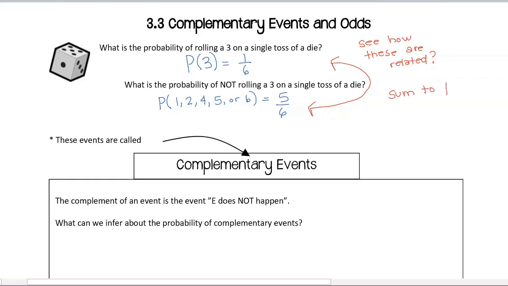These are called complementary events. The complement of an event E is that the event E does not happen.